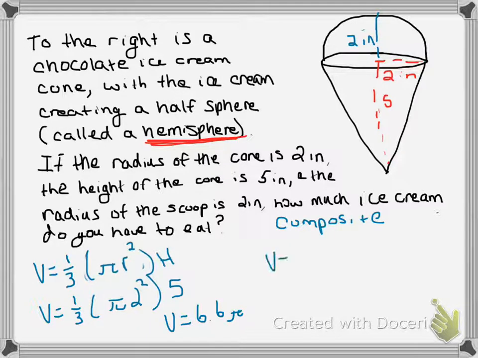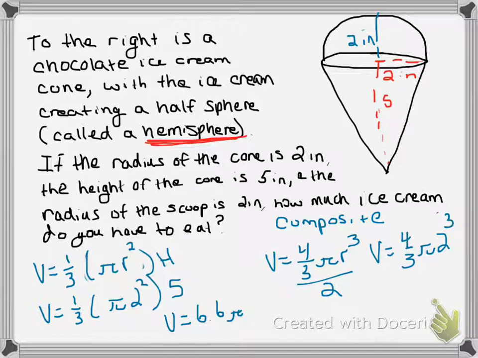Now I've got to find the volume of the hemisphere. We know it's 4/3 pi r cubed, and then we're going to be dividing that by 2. So we need to figure out what the radius is. It's 2. So volume is equal to 4/3 pi 2 cubed over 2. Now, you have a button on your calculator that is usually something like x to the y, and that's going to allow you to do this 2 cubed, or you can do it in your head. 2 times 2 times 2.